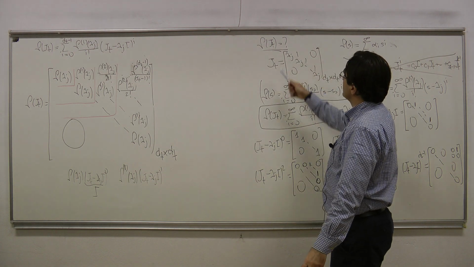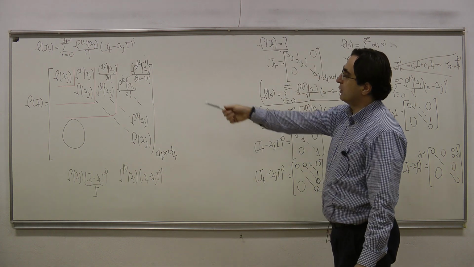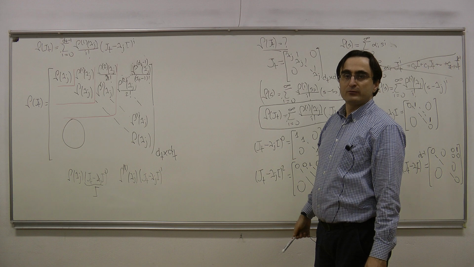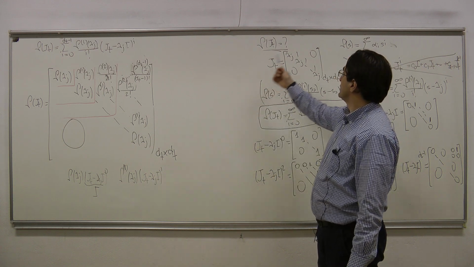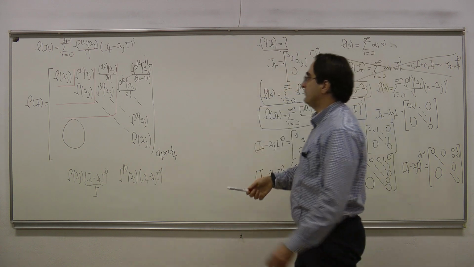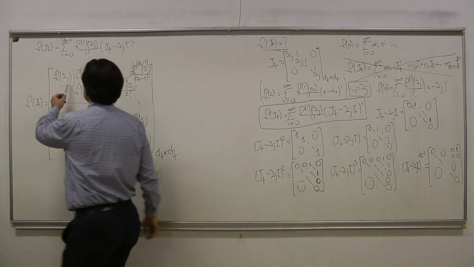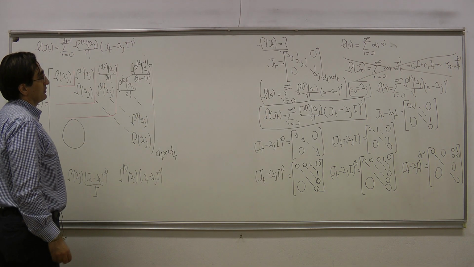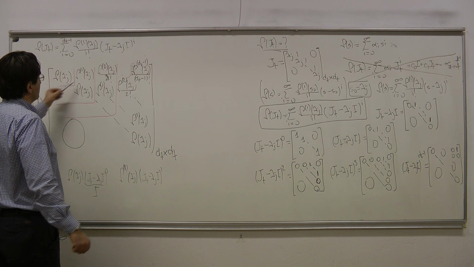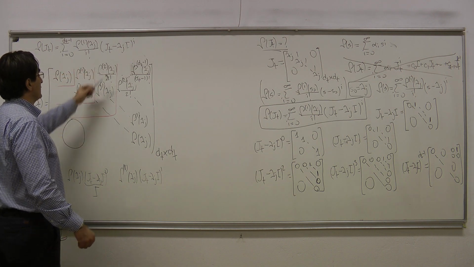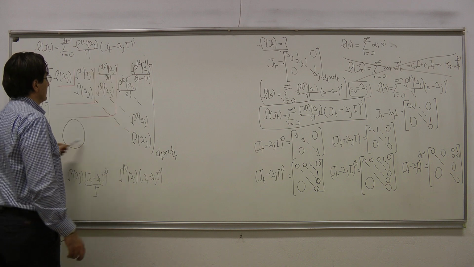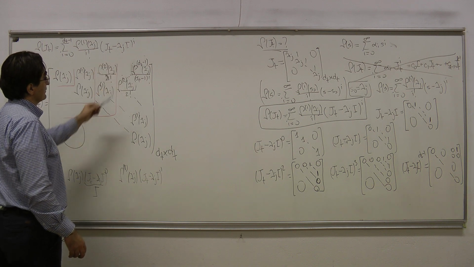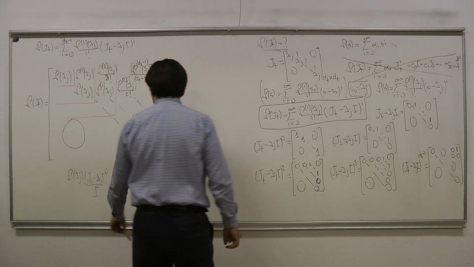So any function of a single Jordan block can be written in this form. Okay? All you have to do is take the derivatives of f and evaluate them at the eigenvalue of the Jordan block, which is lambda j. Depending on the size of the Jordan block, you can use the increasing sized elements of such a matrix.